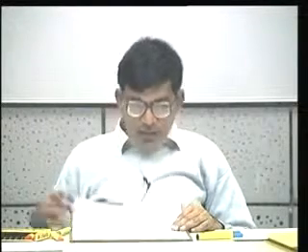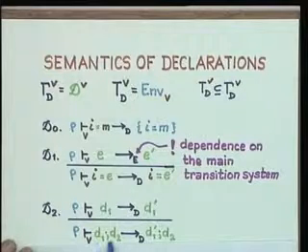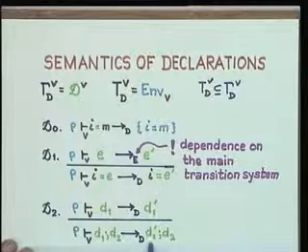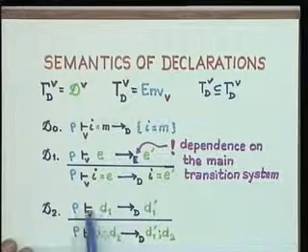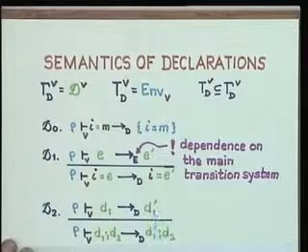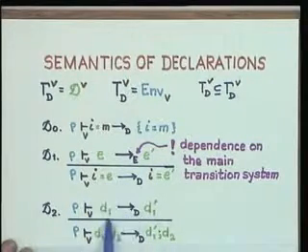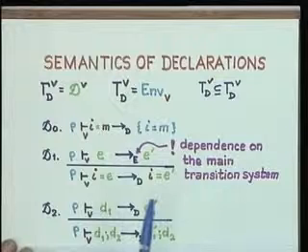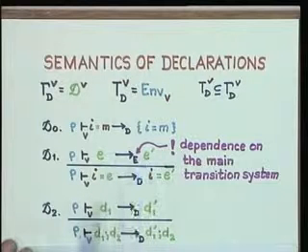Then supposing you have complex declarations of this form d1 semicolon d2, this will move to some d1 prime semicolon d2, provided in this environment rho d1 can move to d1 prime. So this movement of this declaration from d1 to d1 prime is closely linked to the application of the rule D1, where only the expression moves.